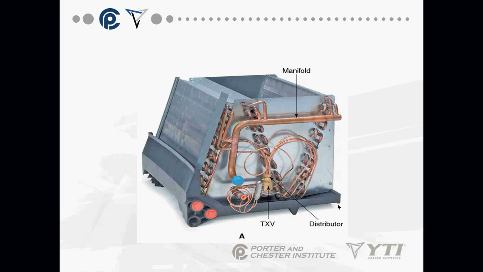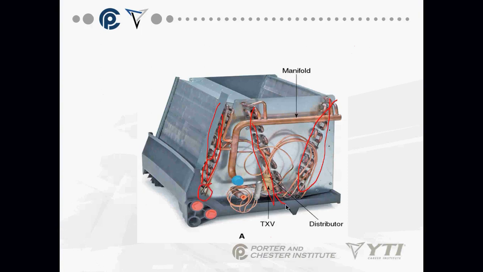This is a residential or like commercial system. I have different portions of the coil. I have one portion here, one portion here, one portion here. Each of these portions has actually 2 rows of coil in it. If you look real closely, there's 2 distributor pipes coming over here.